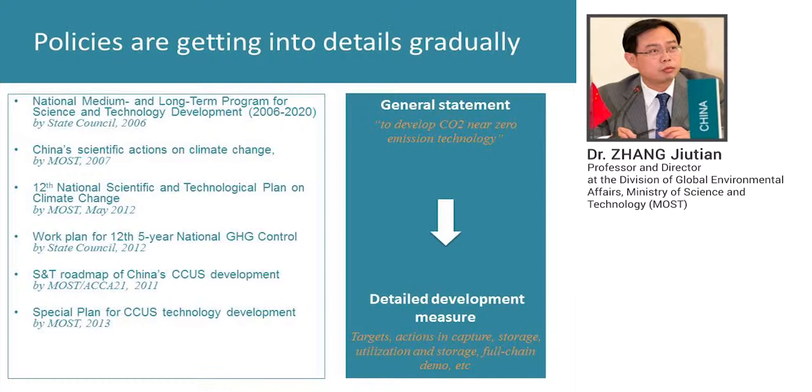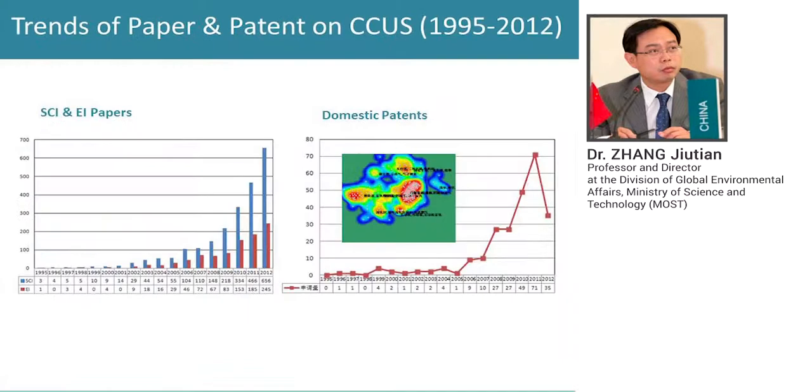We have a specific plan for this technology development, and we establish targets, actions in capture, storage, the full chain technology demonstration, etc. And you could see some outcome of the CCUS technology. On the left is the scientific outcome indicated by papers, and on the right side is patents. You could see the rise of this outcome. Very good.